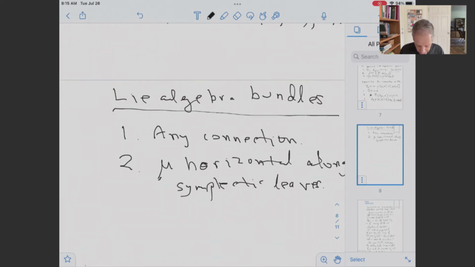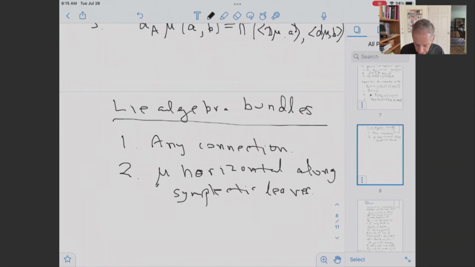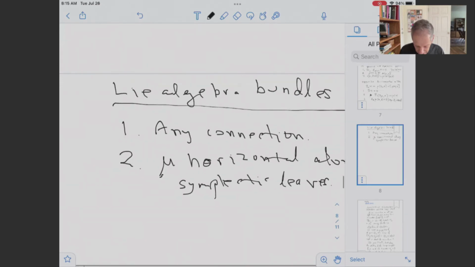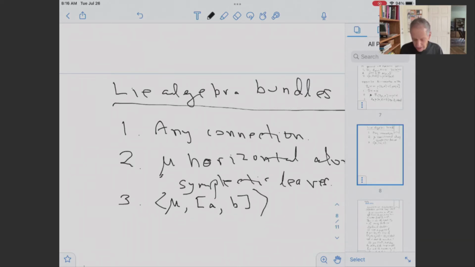And the third condition is that mu annihilates any Lie bracket, any section which is the bracket of two sections.